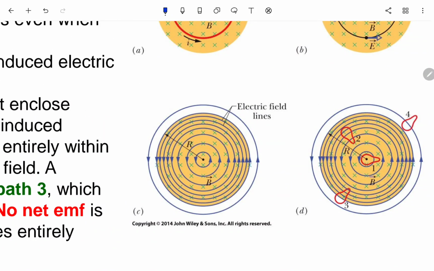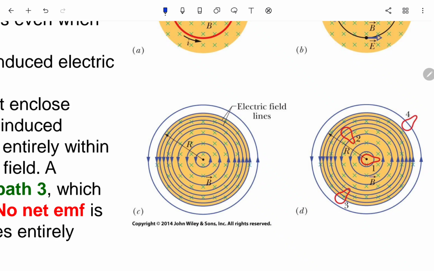Here we assume that the B field is pointing into the page, originally uniform, and also changing at a uniform rate, for example increasing at a constant rate. Because it is changing, we have a time-varying B field.